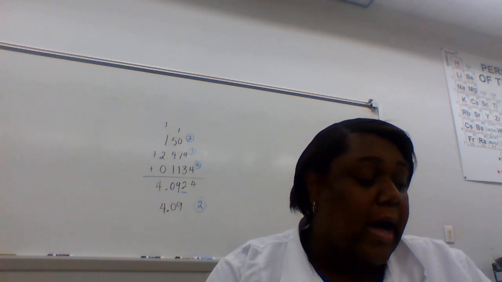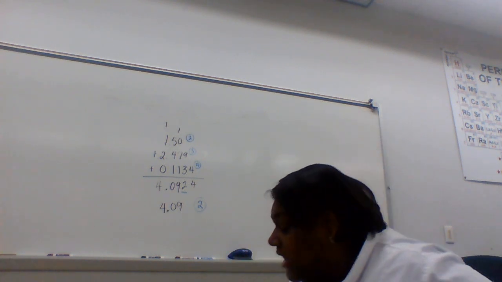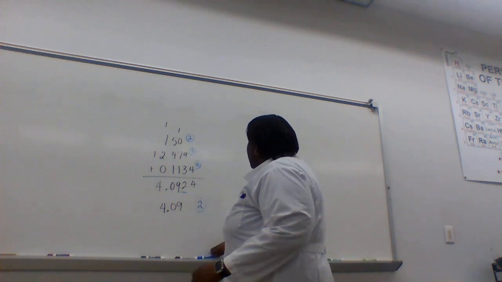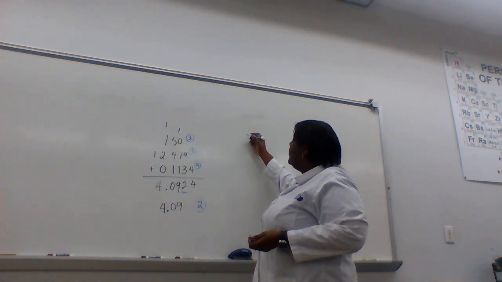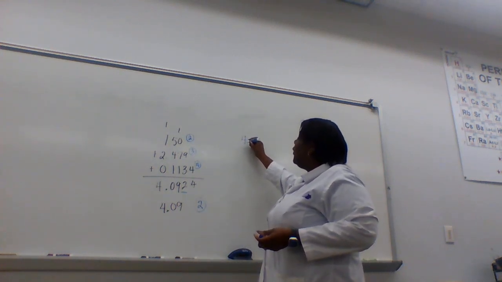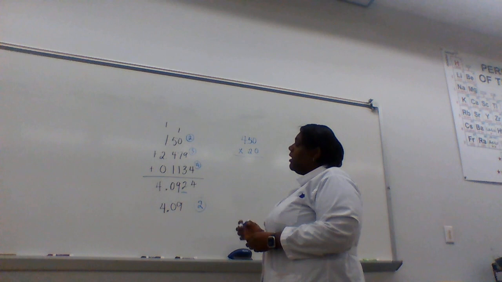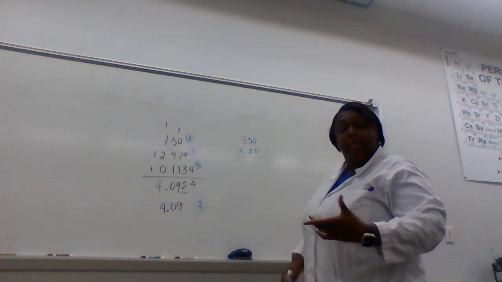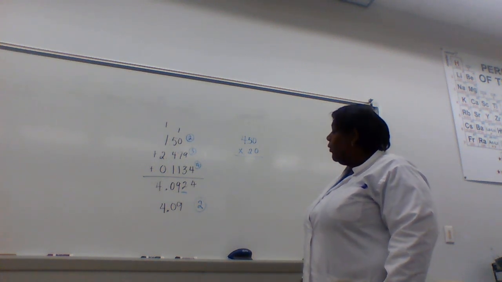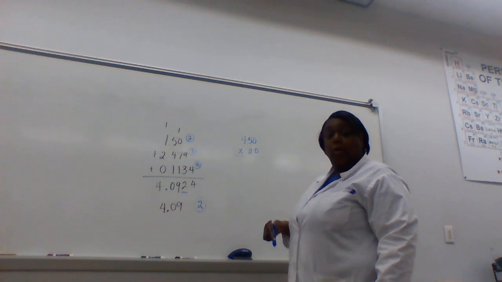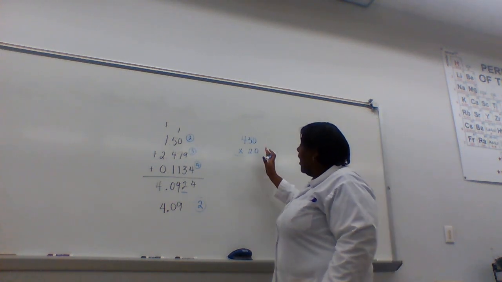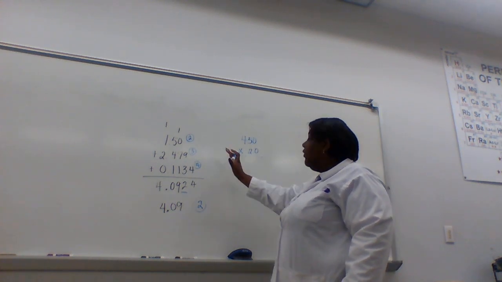If we try a problem like that, let's say I give you the numbers 4.50 times 2.0. You will remember, when you're multiplying, you don't line up decimals, but you do have to multiply according to place value. And you start at the right and move to the left.